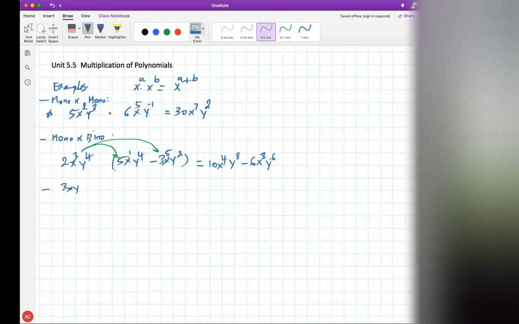So 3xy, for example, something like this, and we're going to times this by some trinomial. And there are some powers here. Powers could be any sign, as we know. They're basically real numbers. But since polynomials don't have negative powers, as we said before, let's stick to just positive powers.